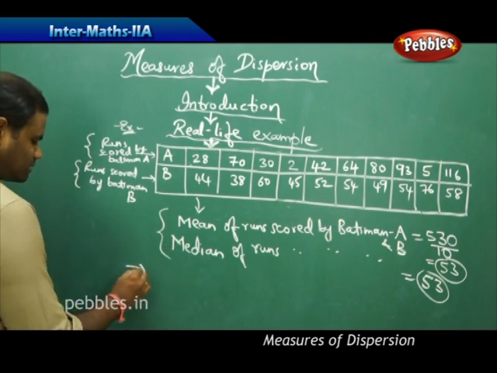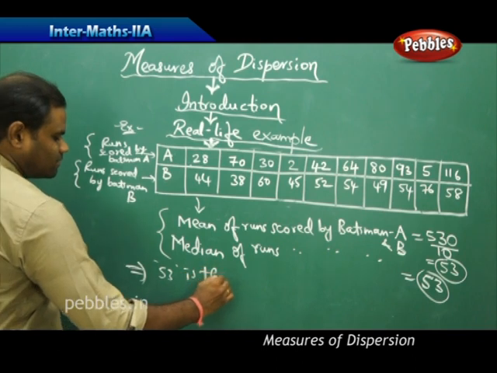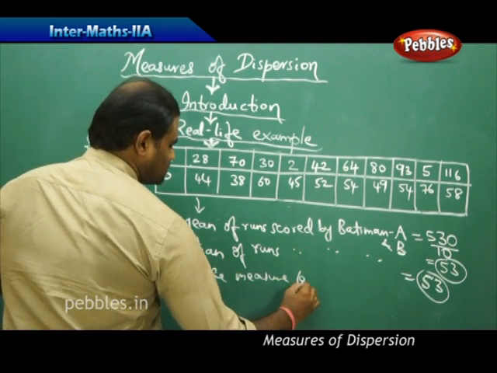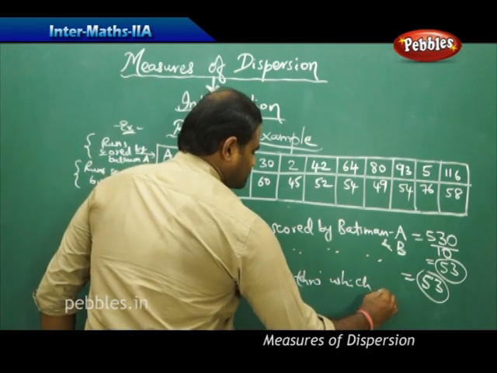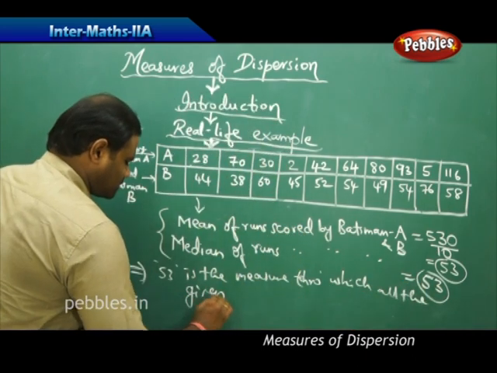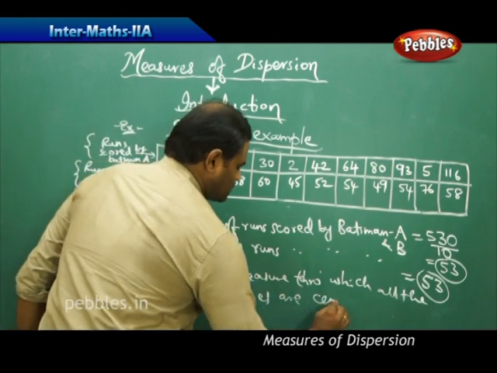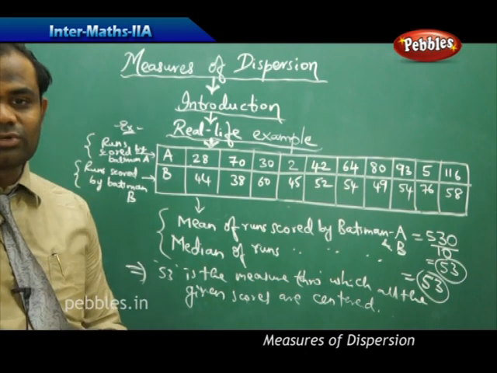That implies 53 is the measure through which all the given scores are centered. But this may not always be true.